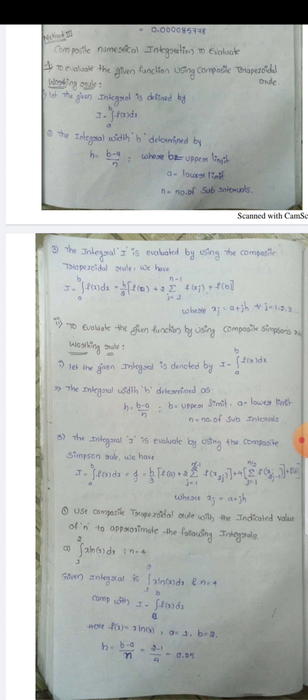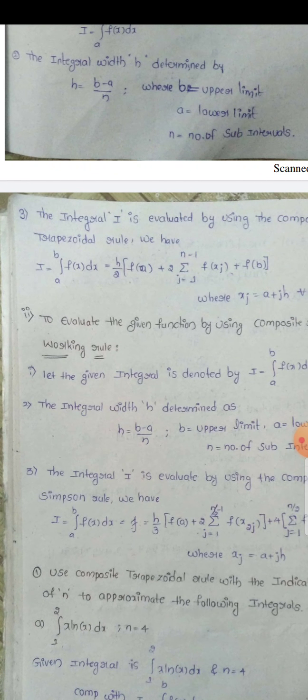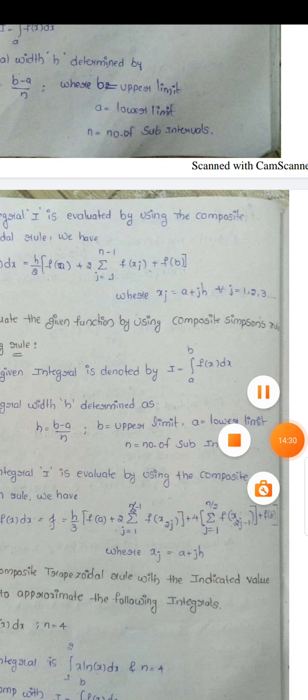Third, the integral I is evaluated using the composite trapezoidal rule. We have I equals the integral a to b f of x dx equals h by 2 into f of a plus 2 into the summation j equals 1 to n minus 1 of f of xj plus f of b, where xj equals a plus jh for all j equals 1, 2, 3, and so on.